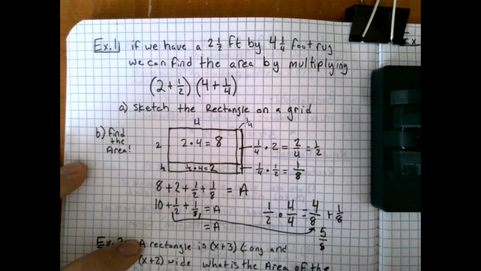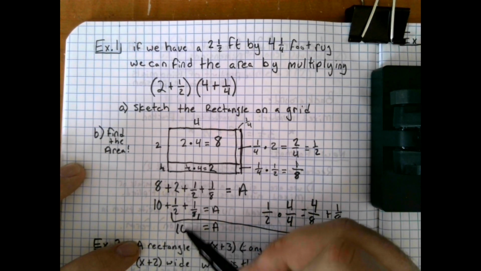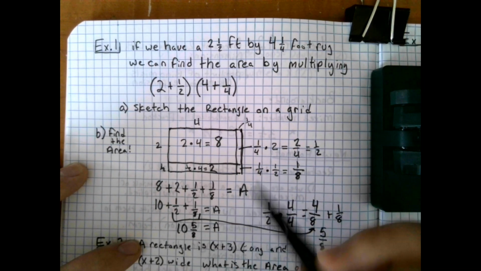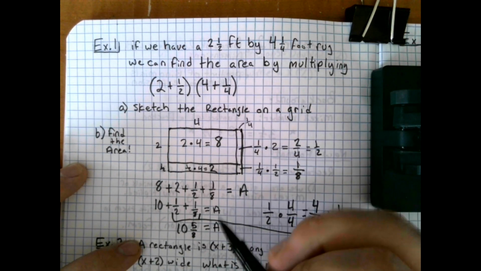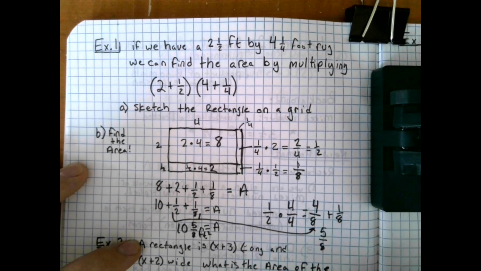Now, 10 and 5/8 will give us a mixed number of 10 and 5/8. Now, we're given a unit of feet, so this would be square feet.